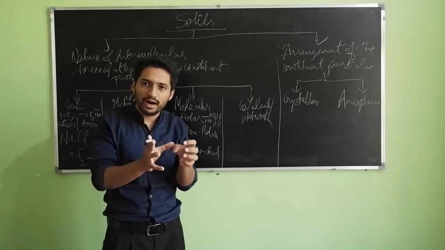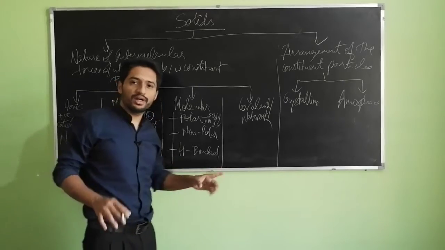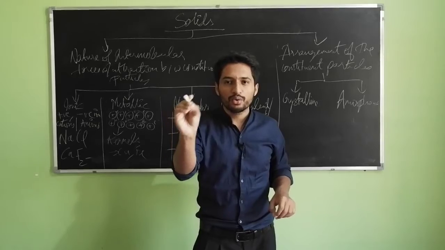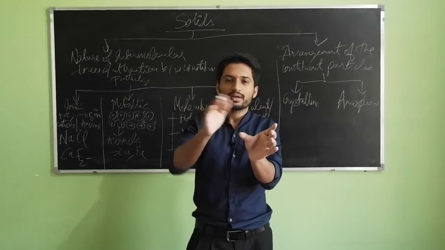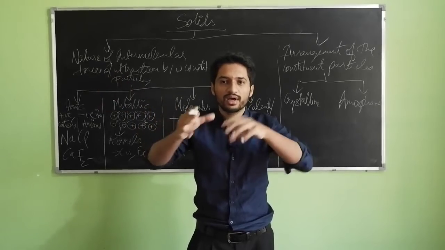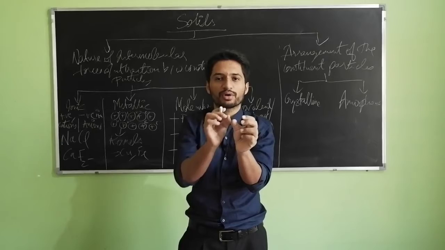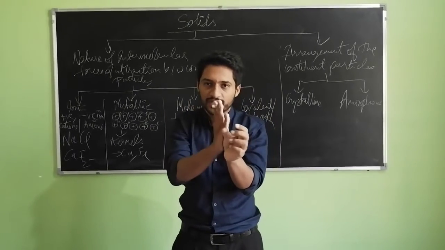So these are also included in non-polar. All right. So in hydrogen bonded molecular solid, we have molecules in which there is a hydrogen bond. Alright, there is hydrogen bond between molecules, and in the molecule we have hydrogen bonded to a highly electronegative element. Alright, there is electronegativity difference.